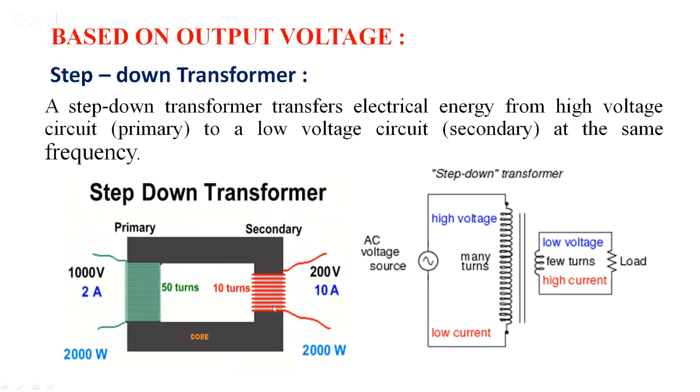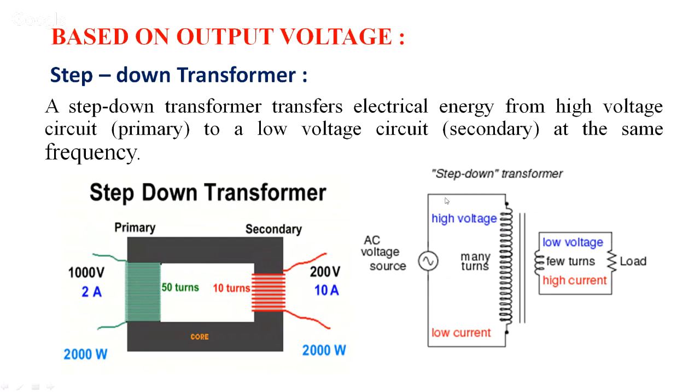Whereas the secondary has got fewer turns, that is 10 turns, and the voltage has been reduced to 200 volts, but the current has increased to 10 amperes, whereas the power is the same on both the input circuit, that is the primary circuit, as well as on the secondary or the output circuit. The power is the same.